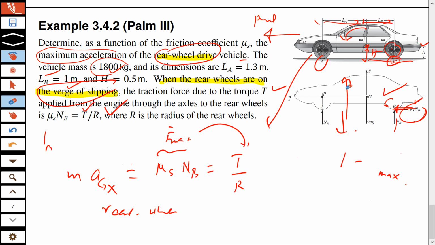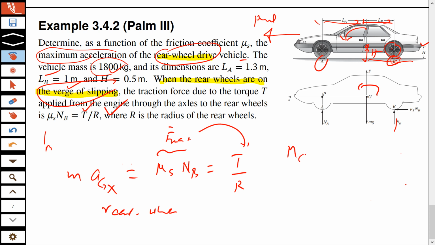Moment equation आपके पास चॉइस है, आप चाहें तो वो मोमेंट इक्वेशन अबाउट G लिख दें. तो अबाउट G का फायदा ये है कि you will just write M_G equals I_G alpha. Okay, so M_G हमारे पास क्या है, आप यहां से स्टार्ट कर लें. mu s N_B which of course is T over r, लेकिन वो बाद में हम प्लग कर लेंगे.